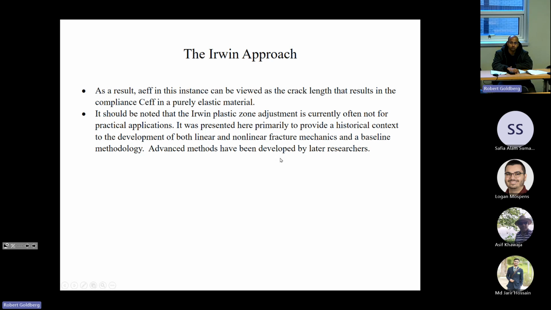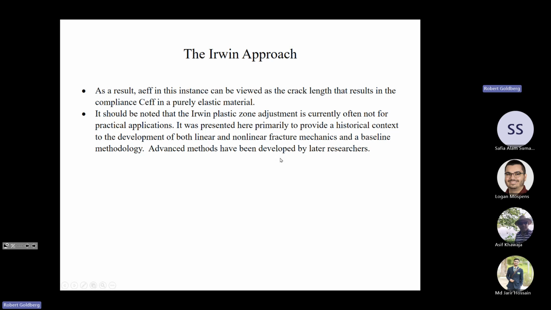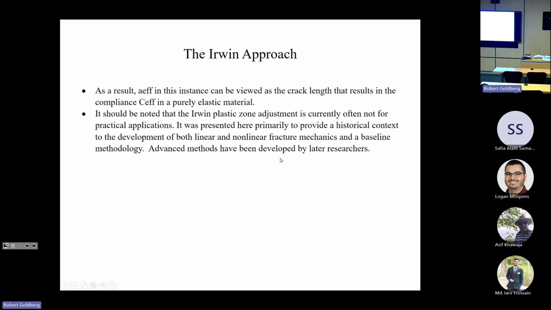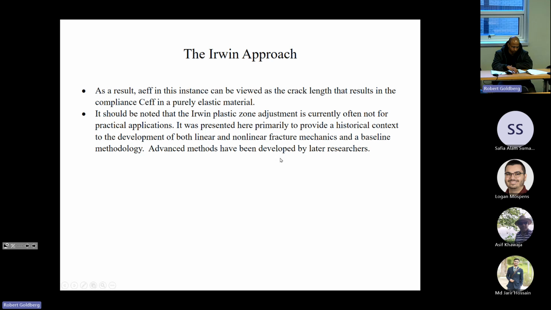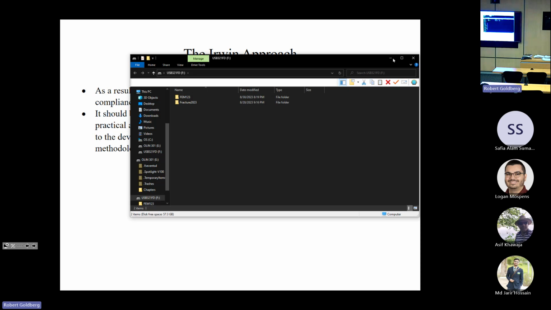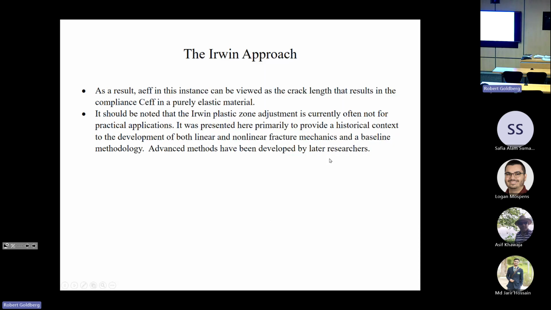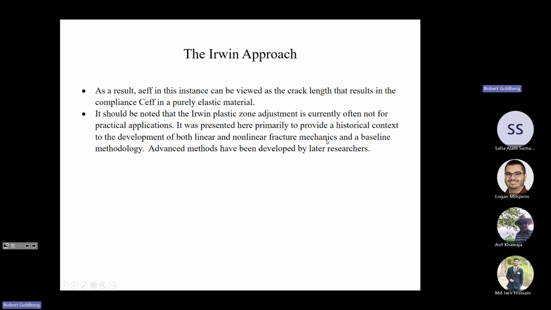Now, advanced methods have been developed by later researchers, and we'll take our break now, but the strip yield model that we'll talk about after break is what's been taken by a number of researchers and expanded for some more sophisticated calculations of the plastic zone size. So any questions? Okay. So if not, we'll take our break. We'll pick up again at 25 after.